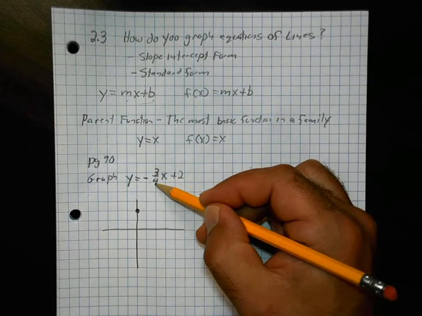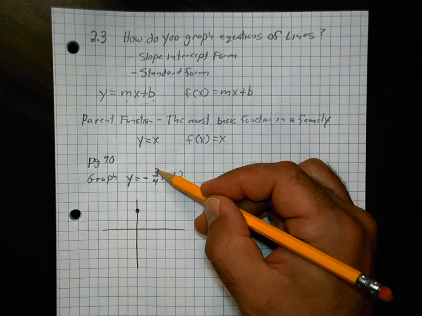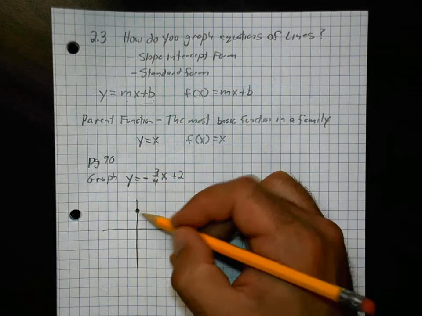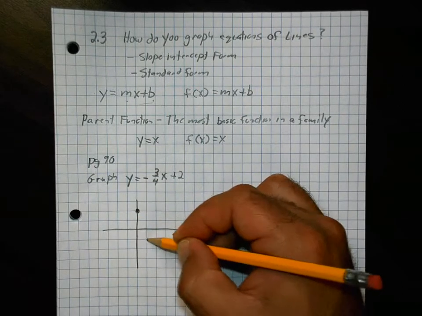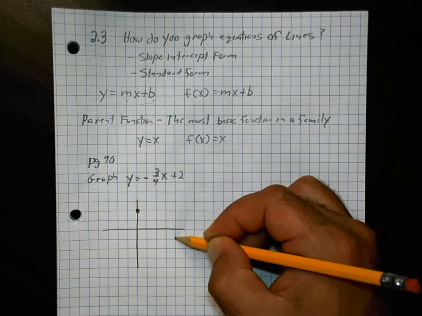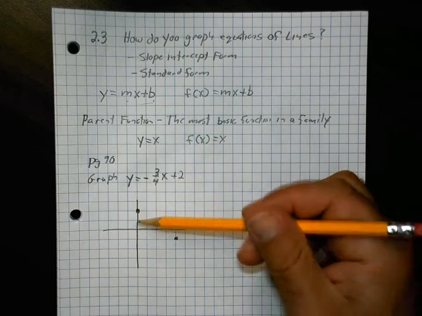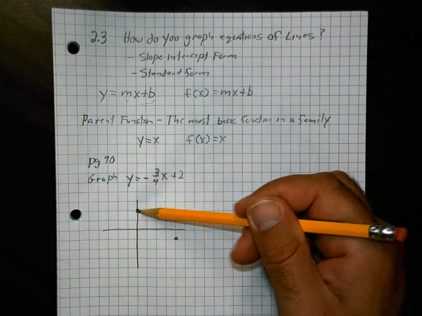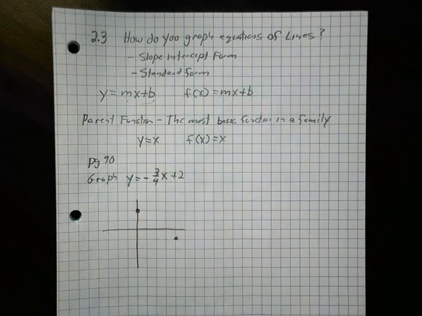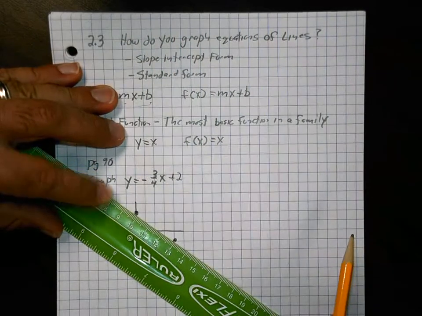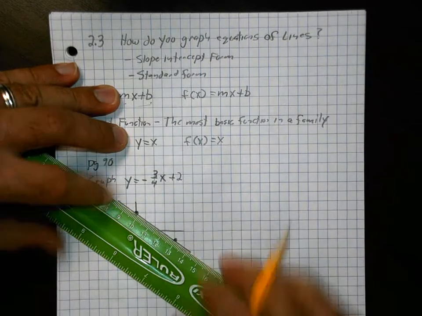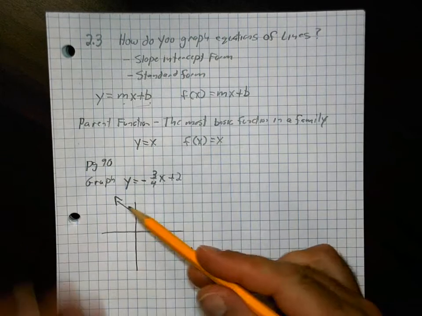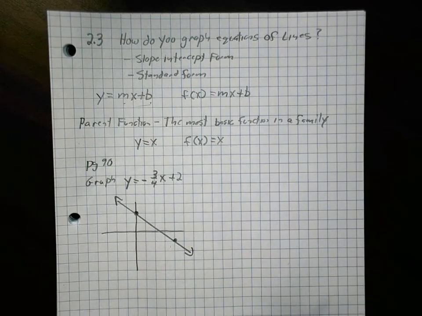My slope is negative 3/4, so that means the rise is negative 3, the run is 4. So down 3 over 4. 1, 2, 3, 1, 2, 3, 4, and that locates a new point. Now remember, you're traveling from the y-intercept, not from the origin. That's a common mistake. Okay, finally connect the dots. Boom. Put some arrows on the end because the line continues in both directions.